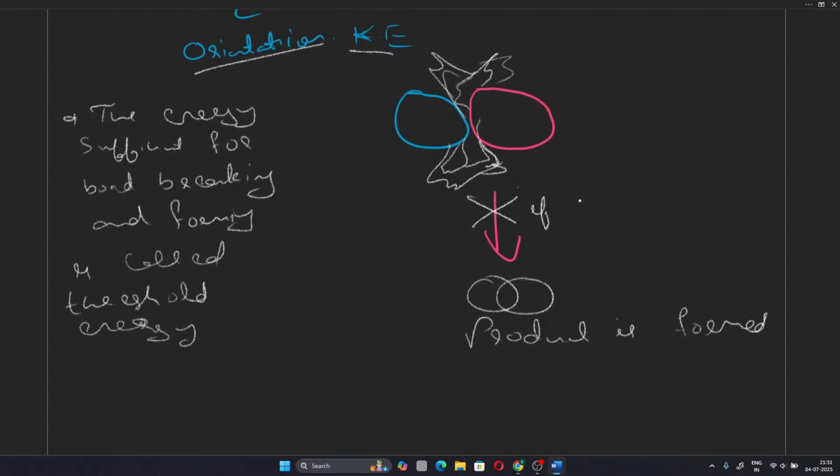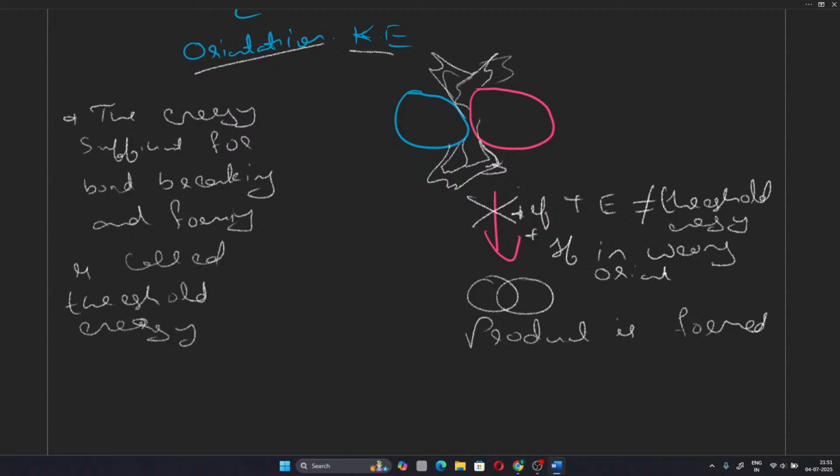If the total energy is not equal to the threshold energy, or if the molecules are in the wrong orientation, then there is no product formation.